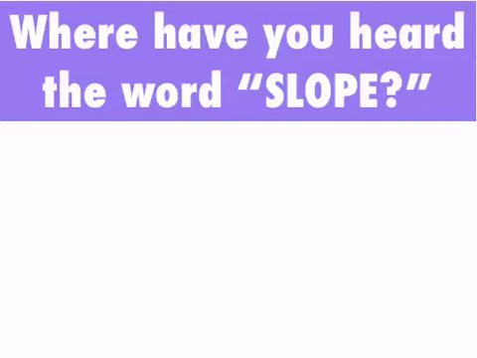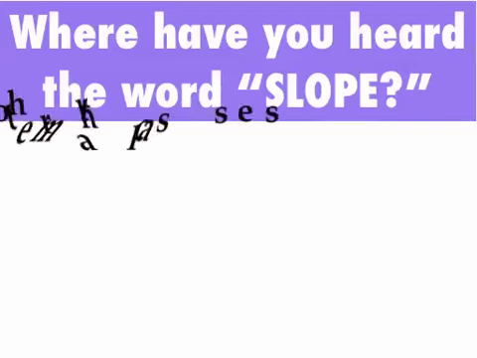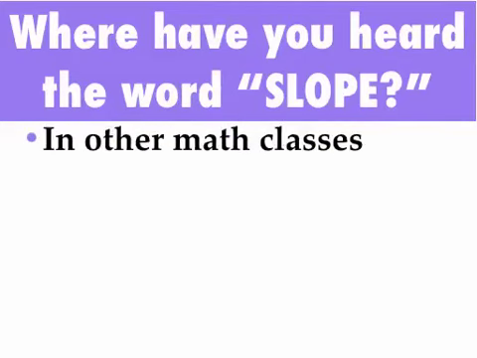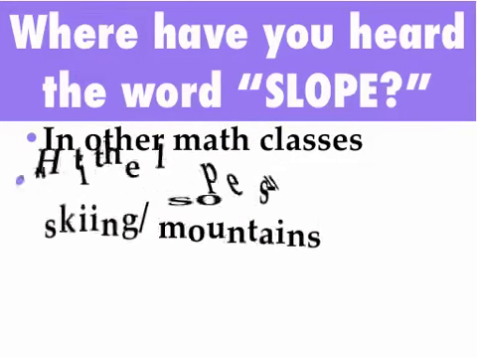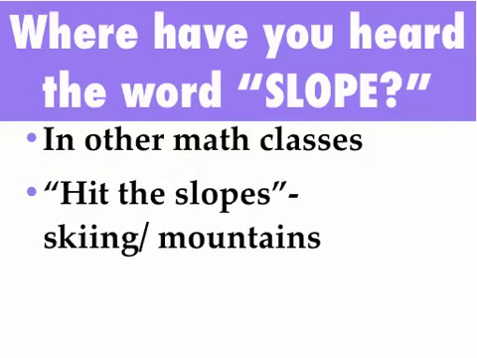The first question that I have is, where have you heard the word slope? A lot of you might say, well, I've heard it in another math class. The word slope can also be used when you're talking about hitting the slopes or skiing or hiking on mountains.